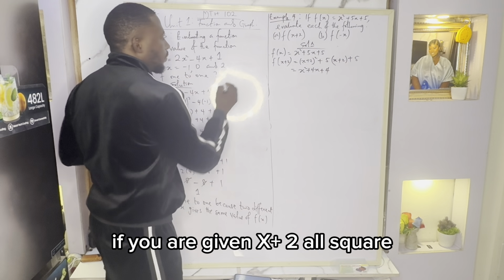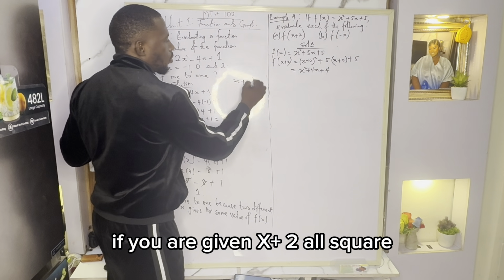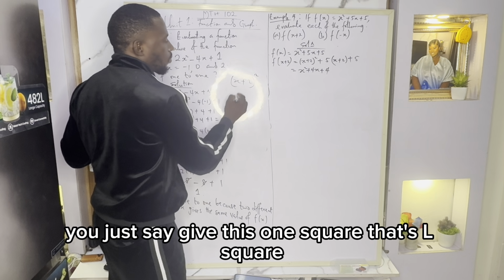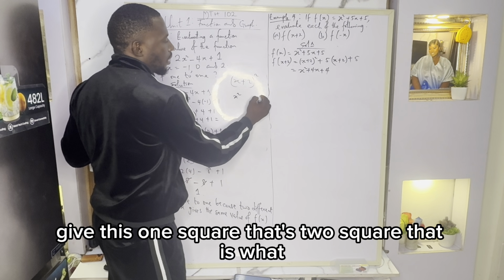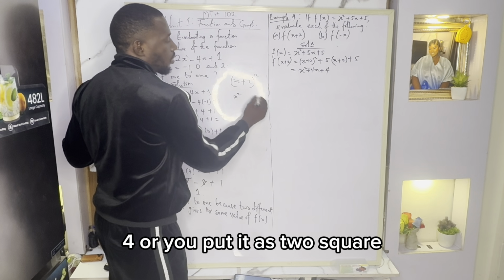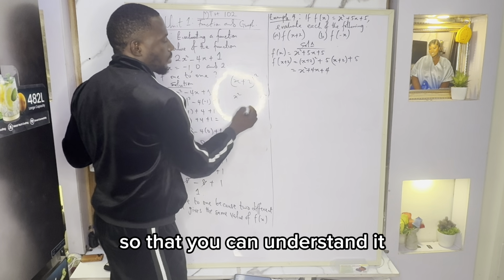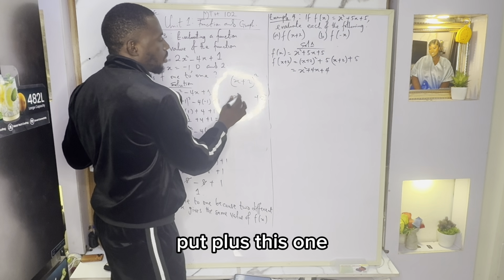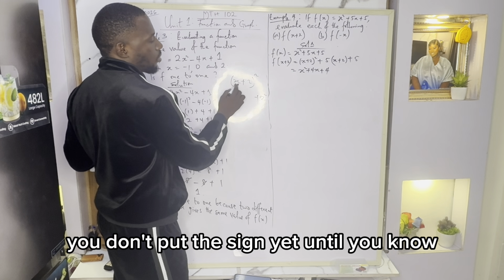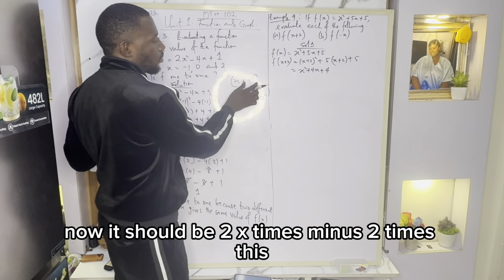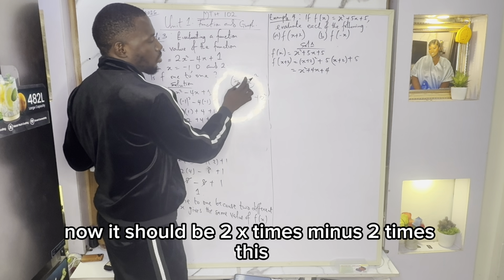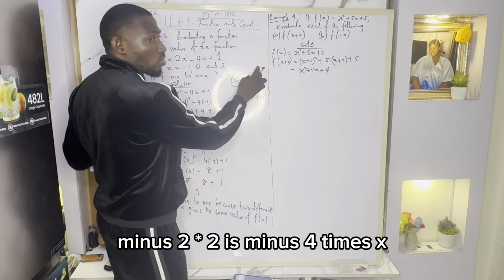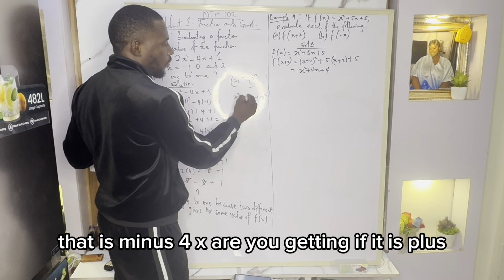What do I mean? If you are given (x + 2) all squared, you just say give this one square, that's x squared, give this one square, that's 2 squared, that is 4. Or you put it as 2 squared so that you can understand it. Put plus. This one, you don't put the sign yet until you know. If this one is minus, it will be 2x times minus 2, minus 2 times 2 is minus 4 times x, that's minus 4x.